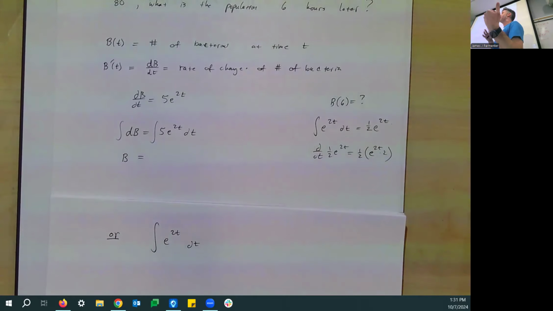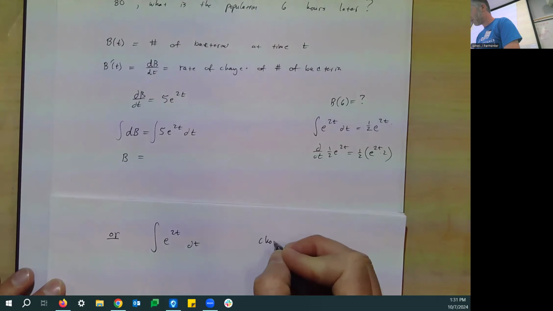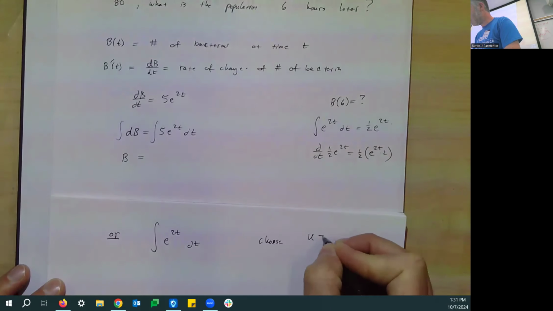Usually, it's the thing that's inside the argument of another function. Like if you have the square root of some stuff, the stuff is a good choice for u. Or if you have e to the stuff, that's a good choice for u. If you have cosine or sine or any trig function of some stuff, and you're trying a u substitution, that's often a good place to start as a choice for u. So I'm going to choose u equal to 2t.